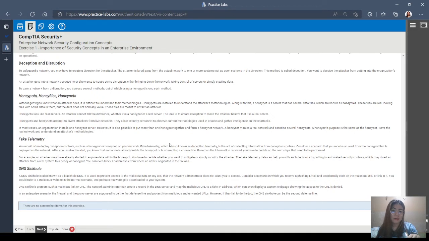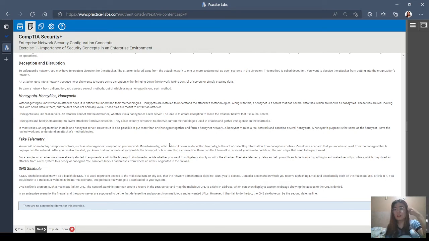These files are meant to attract the attacker. Honeypots look like real servers, and attackers cannot tell whether it is a honeypot or a real server. The idea is to create deception to make an attacker believe that it is a real server.